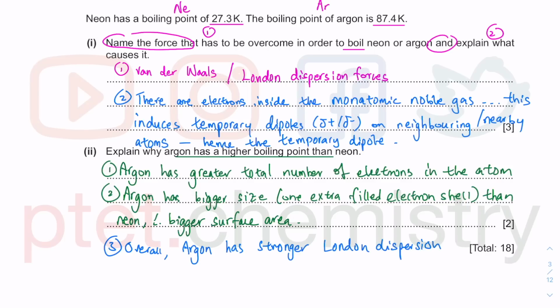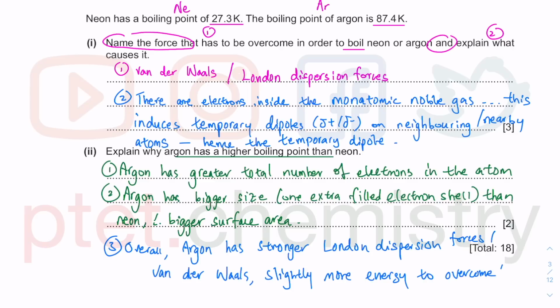Stronger London dispersion forces, or you can talk about van der Waals, need slightly more energy to overcome or to break, and therefore it has a slightly higher boiling point compared to the other simple monatomic structure, which is also true for both noble gases. It just comes down to which one has a greater total number of electrons, as well as which one has a bigger surface area. And that's the end of the 18 mark question there.